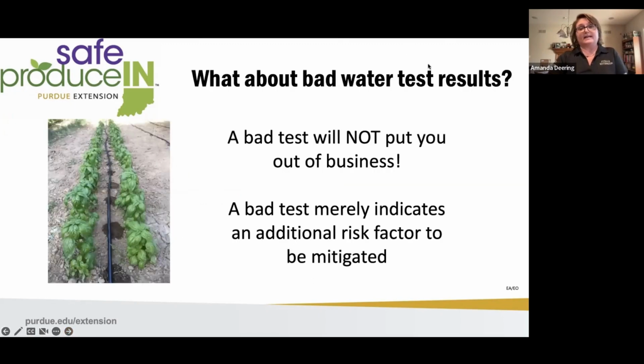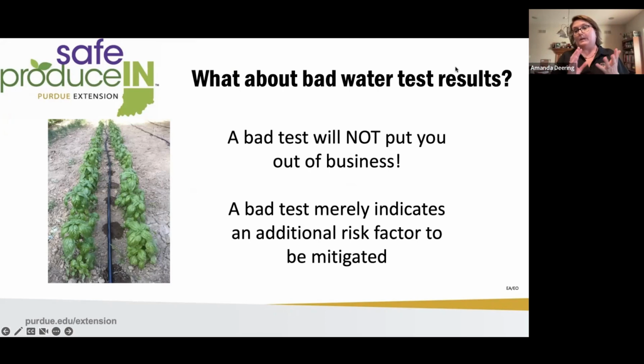So a bad water test does not put you out of business. And again, especially if you're using that water, if it's not, say, the day before harvest, the longer the time between when you apply the water and when you harvest, the better, if it does have E. coli in it. So all this means, if you get a bad test, you need to figure something out, right?